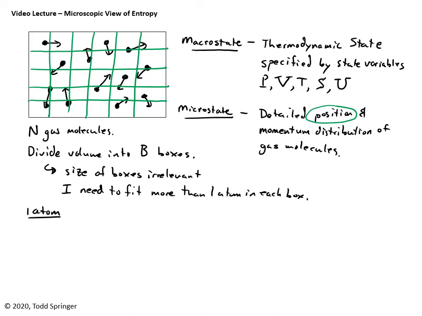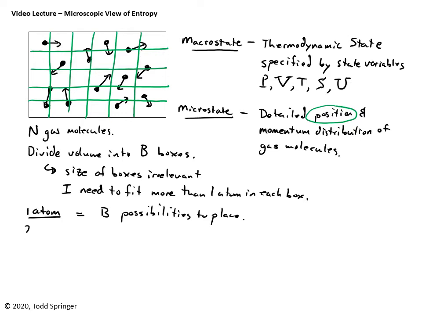How many possibilities for places could I put that atom? There would be B possibilities to put it, to place it, right? So I'm taking my first atom, and I can put it in any of those boxes, so there's B ways to do that.